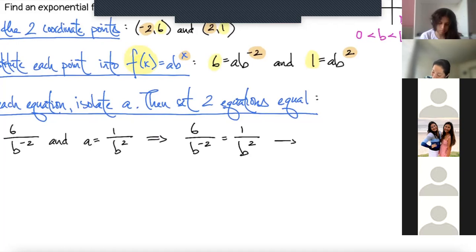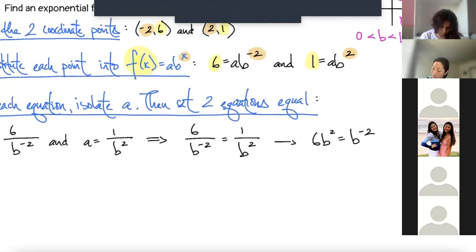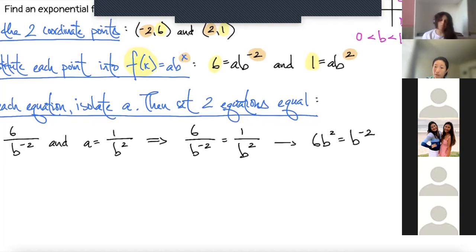Okay. So if we cross multiply here, we'll get 6b squared equals 1b to the negative 2. Now, if I want to get all the b's on the same side, but keep the exponent positive, here's what I'm going to do.